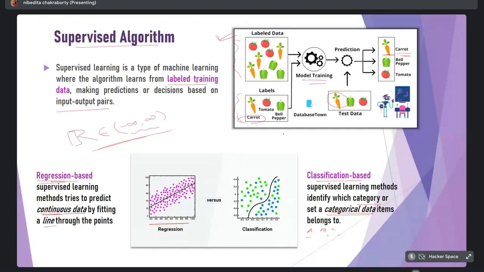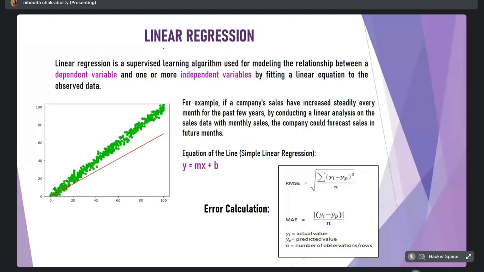Who was the other person? The upper image, this big image we have here. What type of data are we using? Classification. Yes, this is classification because it has categorical data. Tomato, carrot, these are not continuous numeric values.